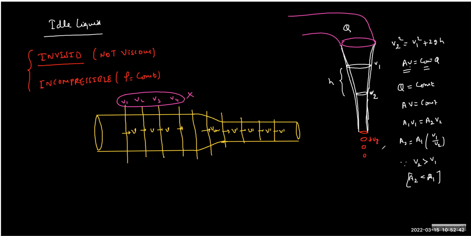V3 is so high that it cannot follow the incoming rate, and when the velocity becomes really high, it starts breaking down. Then what you see is turbulence. So now this is not part of the streamline. The streamline is only till here.